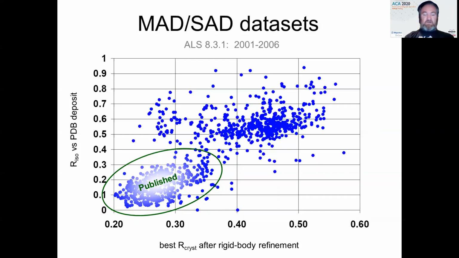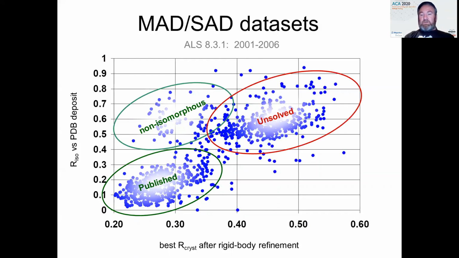Those are structures that were actually solved and published. These ones that refine well but have very different data are non-isomorphous forms of the same protein. These, however, are completely unique unit cells that were just never solved.